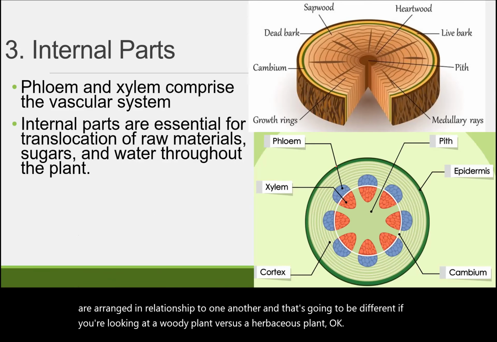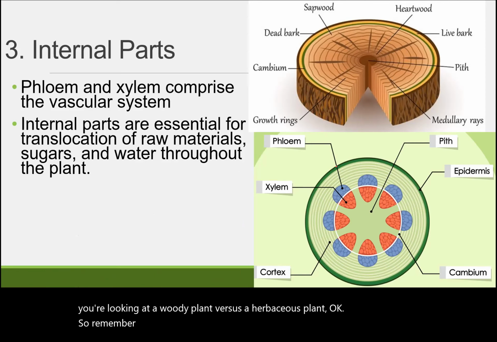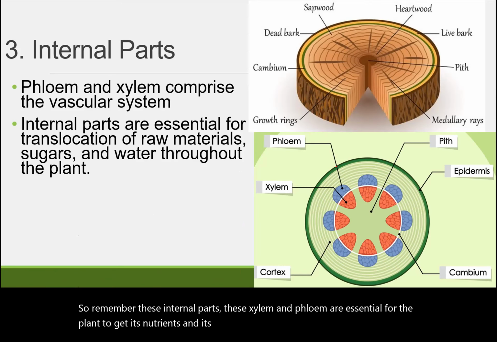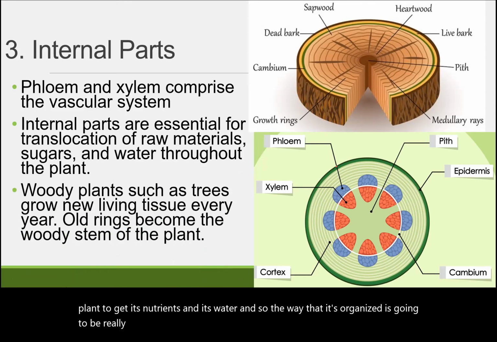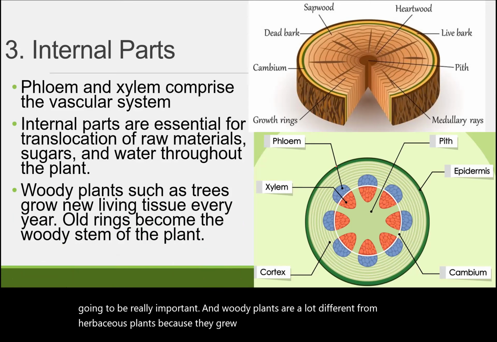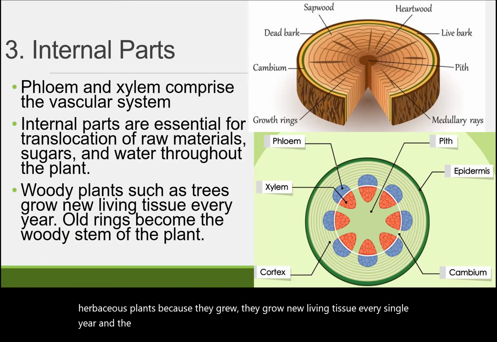So remember, these internal parts, these xylem and phloem, are essential for the plant to get its nutrients and its water. And so the way that it's organized is going to be really important. And woody plants are a lot different from herbaceous plants because they grow new living tissue every single year, and the old tissue becomes part of the woody stem, and it's not serving its original function anymore.